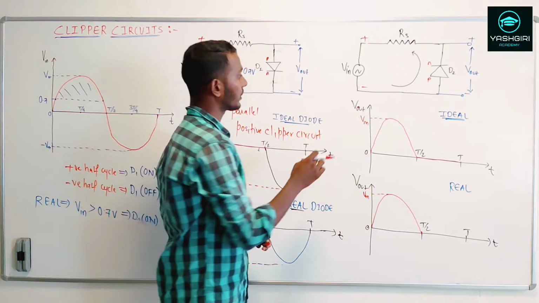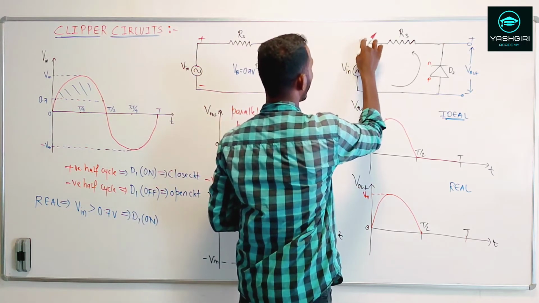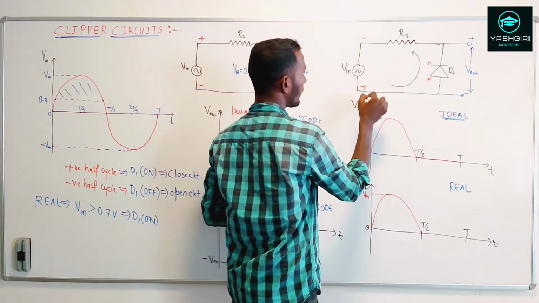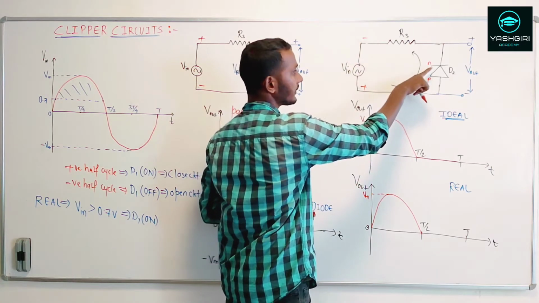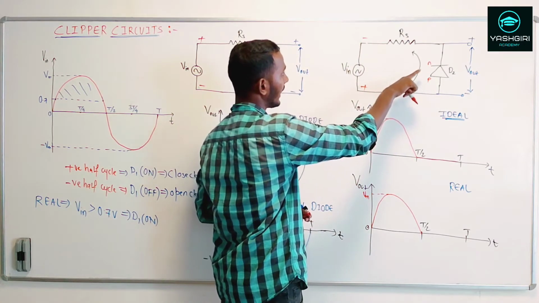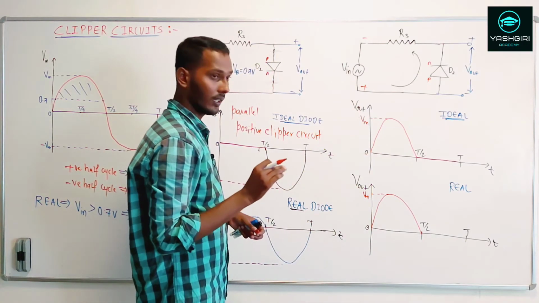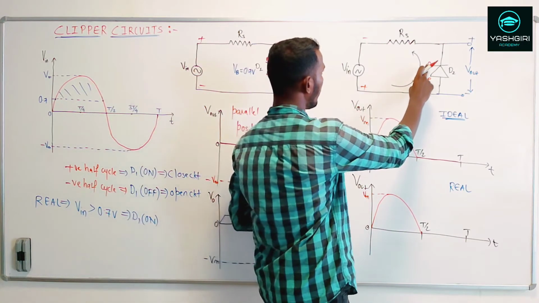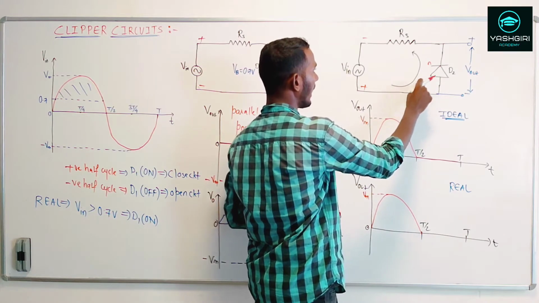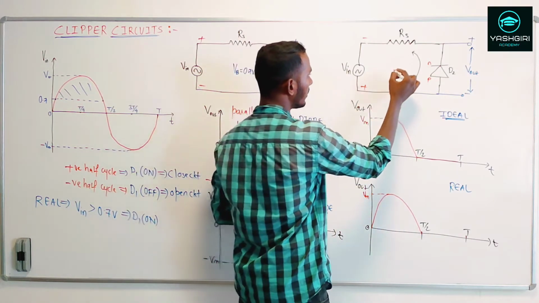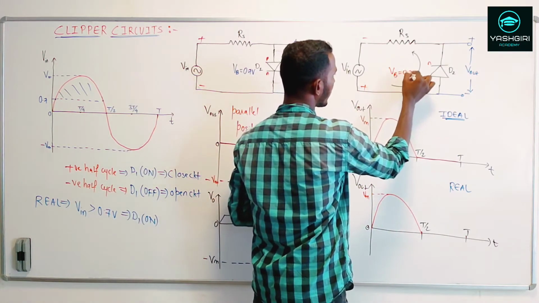But when you come to the negative half cycle, in this case, negative and positive, negative and negative, that will be forward biased. The diode will be forward biased. So to make this diode forward biased, I'm going to consider the barrier potential, which is VB equal to 0.7 volt.